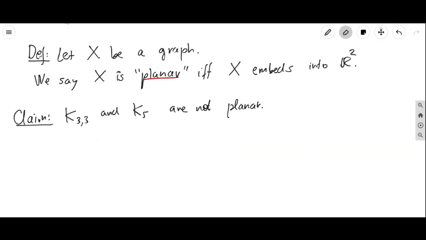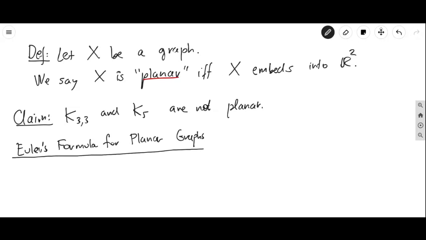Now, last time we talked about Euler's formula, and there's Euler's formula for planar graphs. So here's what it says.